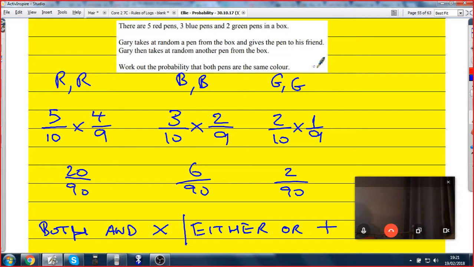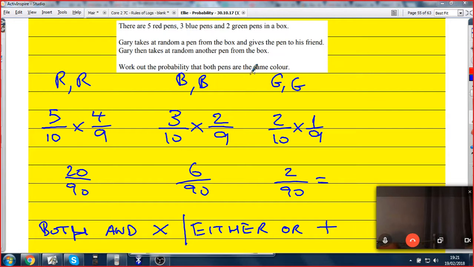So basically you've got 20 chances out of a total of 90 with getting 2 reds. You've got 6 chances of getting 2 blues and 2 chances of getting 2 greens. How would you combine them to make just one probability of getting 2 pens with the same colour? Add them. Correct. You can get either 2 reds or 2 blues or 2 greens. So it's like either. And so what is that as a final answer?